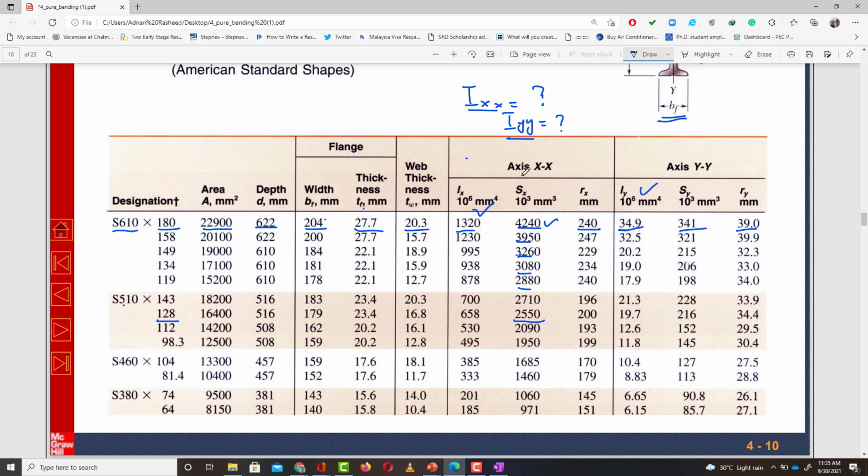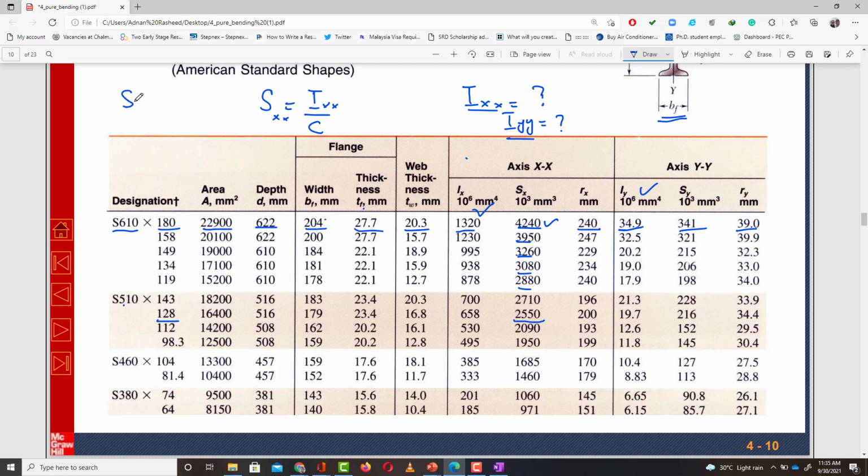Based on that, section modulus is equal to I over c. If you take Ixx, the second moment of inertia about the x-axis, it will be Sxx or Sx.